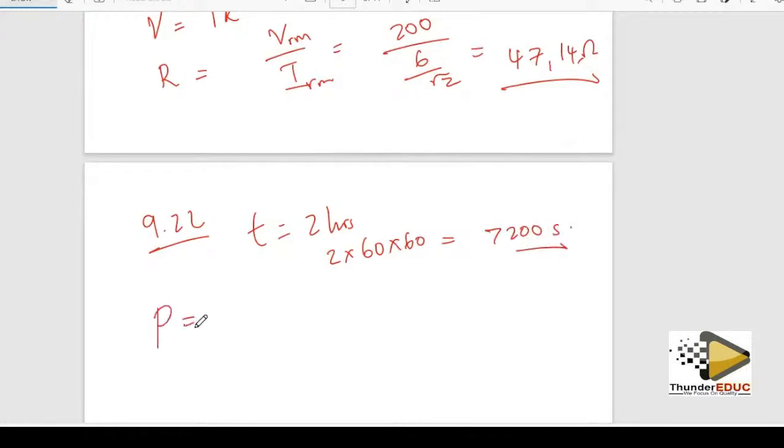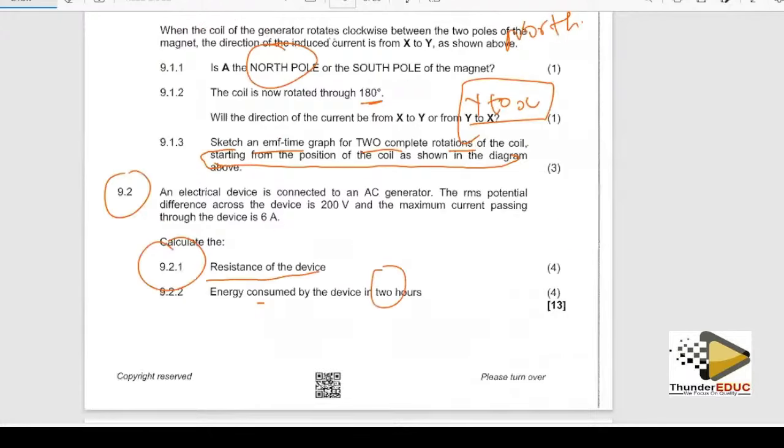From the formula of power, we know that power is the work done over the time.